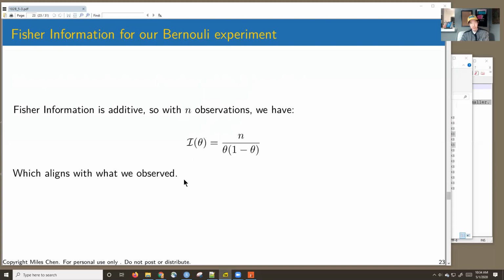And that aligns with what we observed when we had 10 observations. Our observed Fisher information was 41.67, and with 1,000 observations, it was 100 times that. It was 4,167, basically. So that's what we have here.